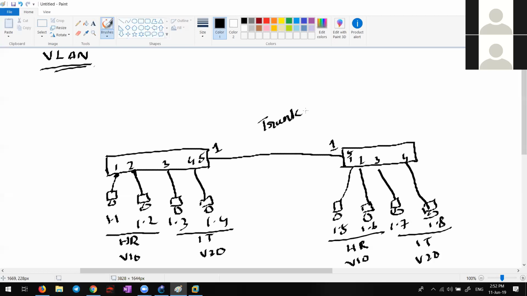Access ports are the ports which are connected to the end devices, like PCs or a printer.